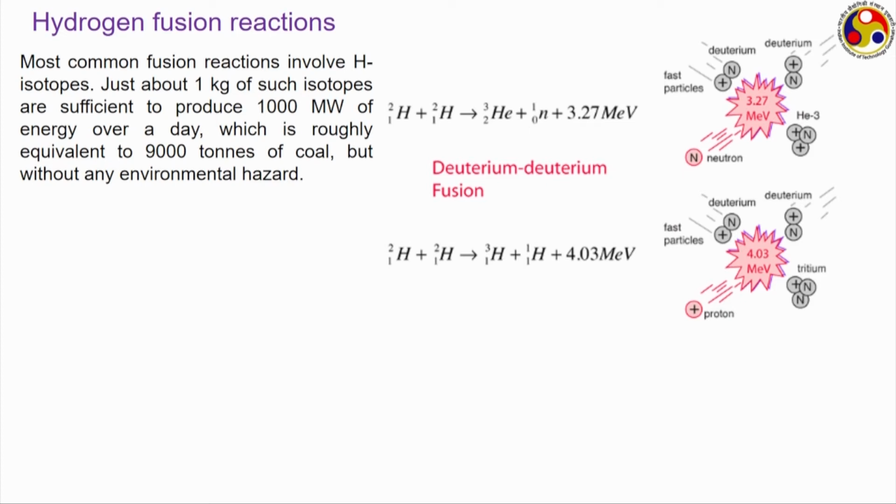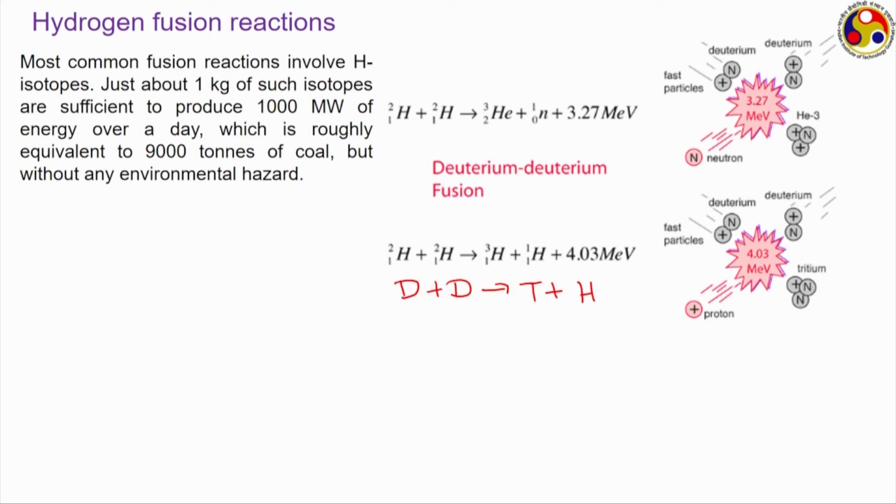Similarly, it is also possible to have a deuterium fusion that produces tritium. Conventionally, just as we use H to denote common hydrogen, quite frequently we write this equation as D + D = T + H, where D refers to deuterium, T refers to tritium and H refers to the common hydrogen isotope, the protium or proton.